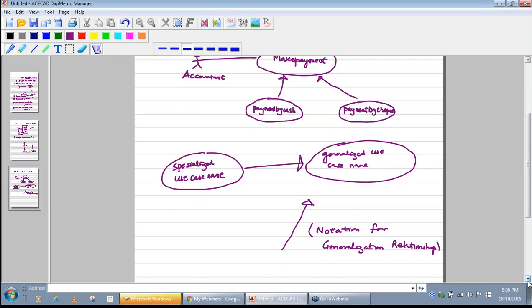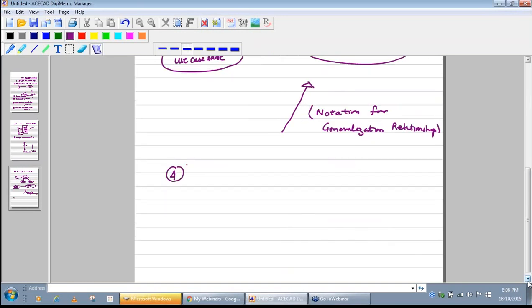The fourth relationship is the include relationship between use cases. Sometimes, if we invoke one use case, another use case is automatically invoked.